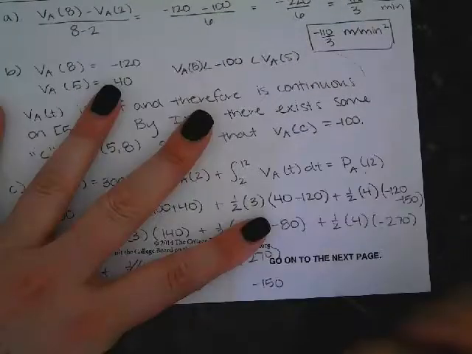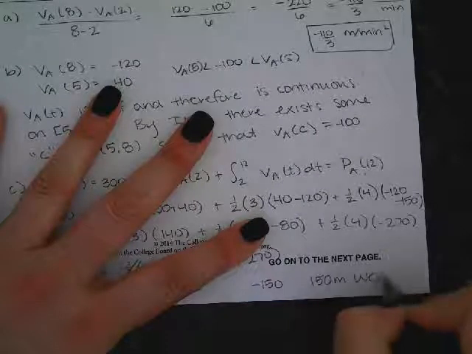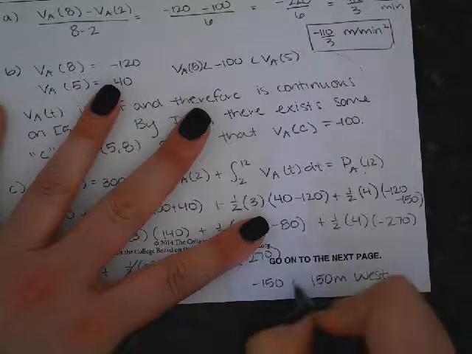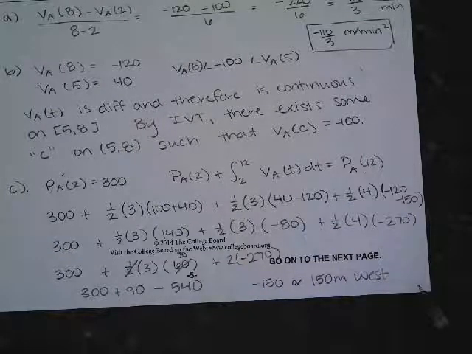So it looks like the position of the train is 150 meters west. So negative 150, or 150 meters west. They did not say necessarily that you had to interpret the position in context. I don't know. Both of those answers are probably good.